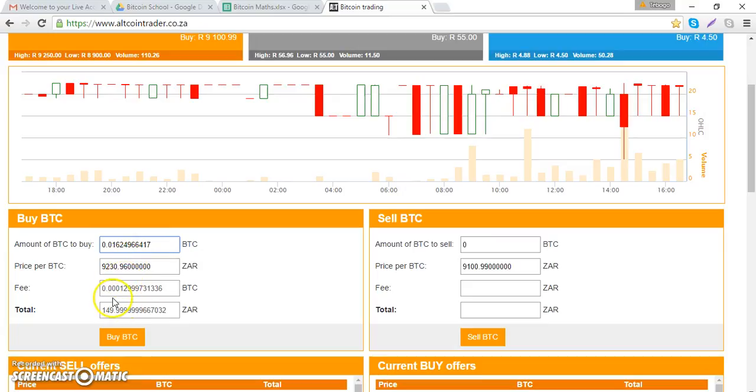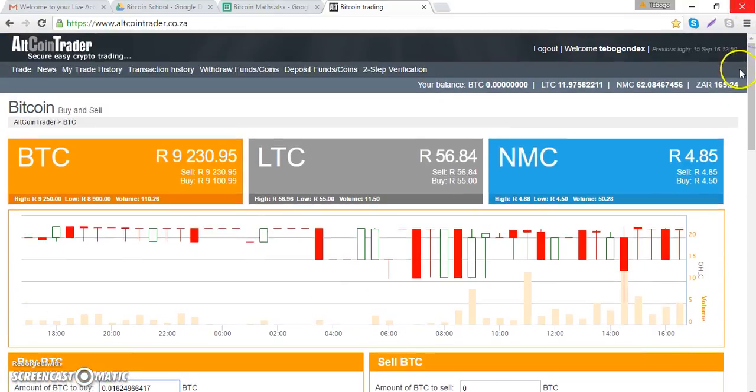It does give me a fee of 0.30 and 12, whatever we call it, and the total that you need to pay is 149 rand 99, which will be equivalent to. So this is what we requested you to deposit in your account.